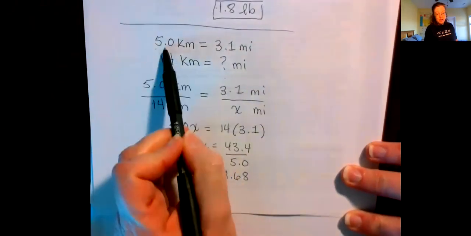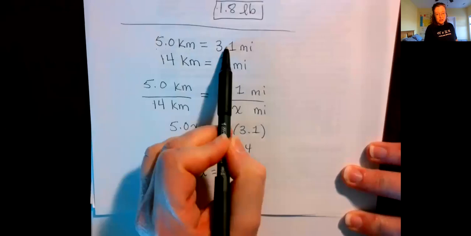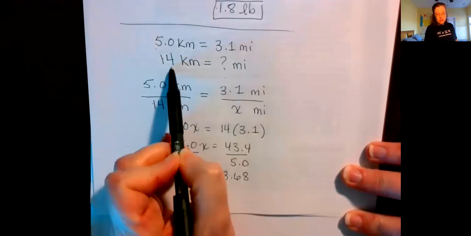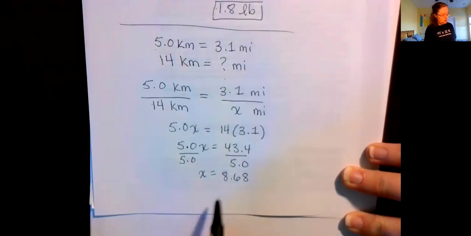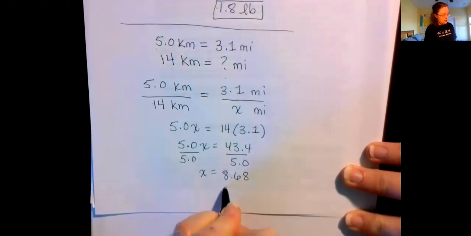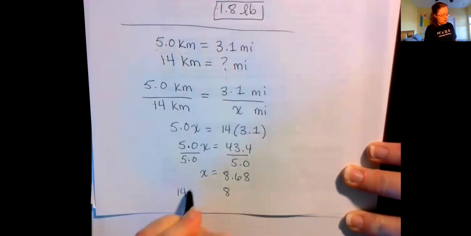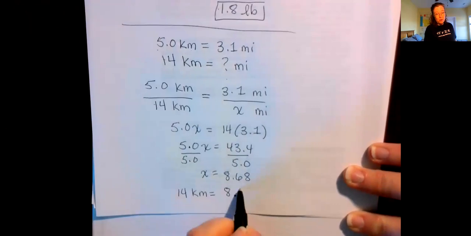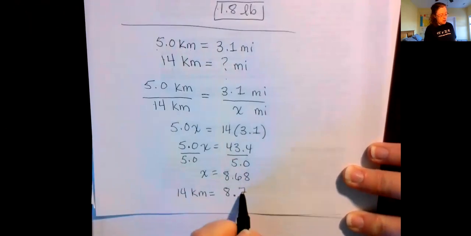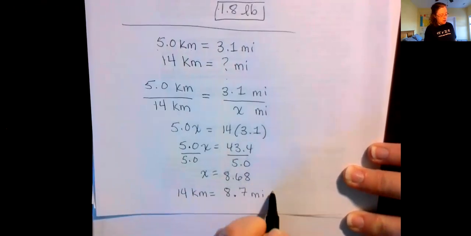Two significant figures, two significant figures, two significant figures, three significant figures. So the final answer, 14 kilometers, is the same as 8 point, I only get one more, so 8.7 miles.